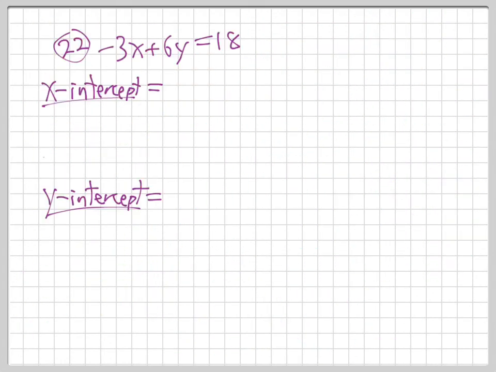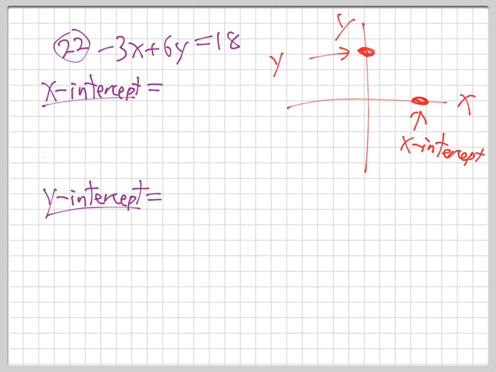So in other words, to find an x-intercept, think about it, let me just show you. I'll just make up an x-intercept and a y-intercept. If this point is an x-intercept, he's on the x-axis, and the other point is a y-intercept because he's on the y-axis, just think about what that means for a minute. What could be the coordinates of this point? Isn't it over some amount, I don't know how far, but up 0?